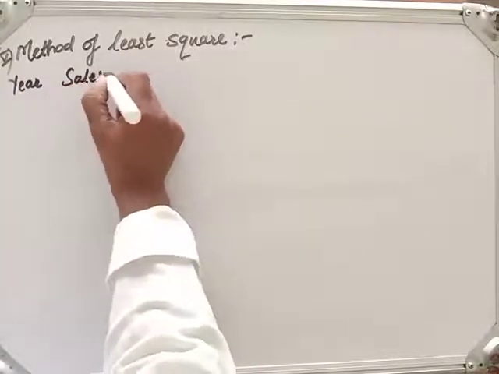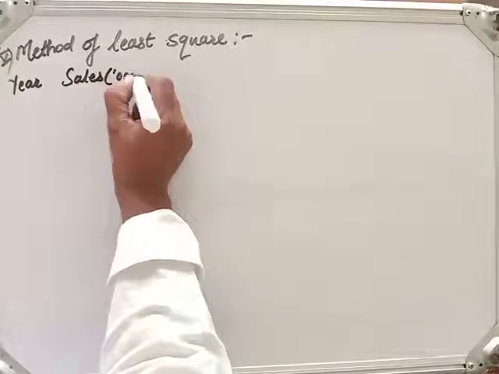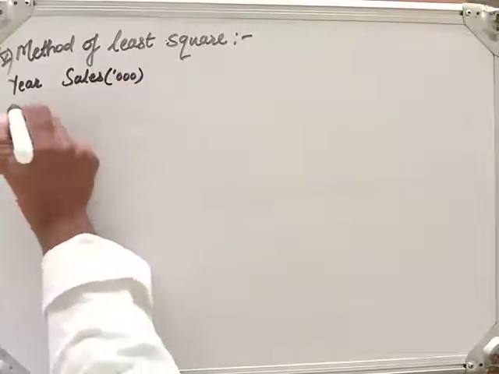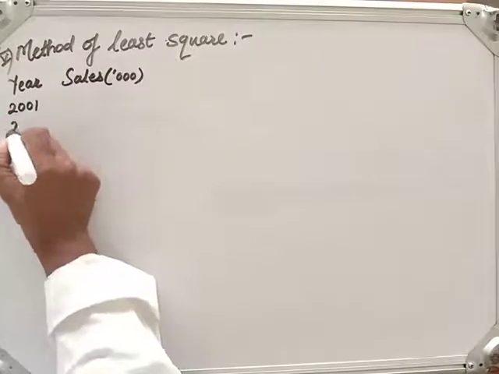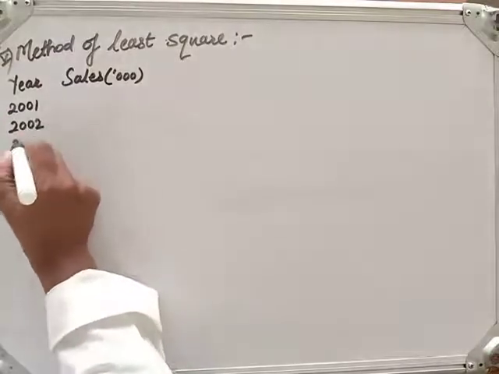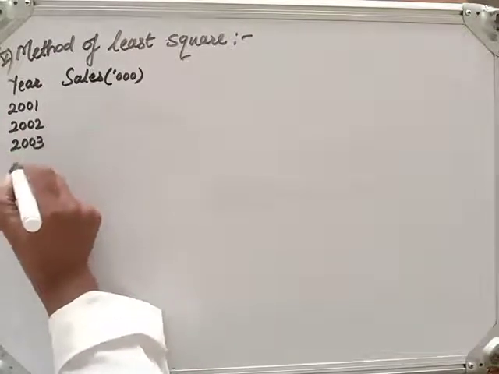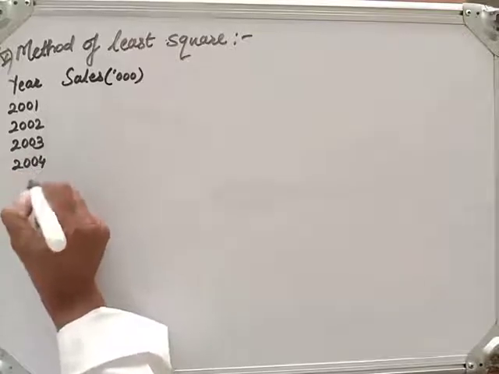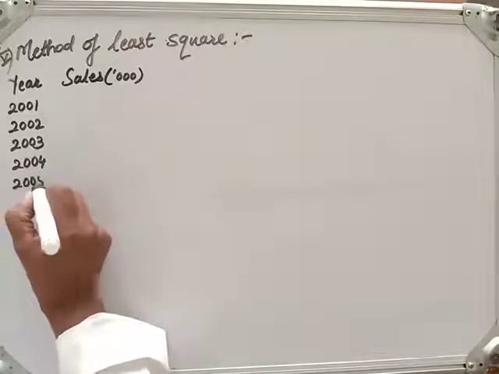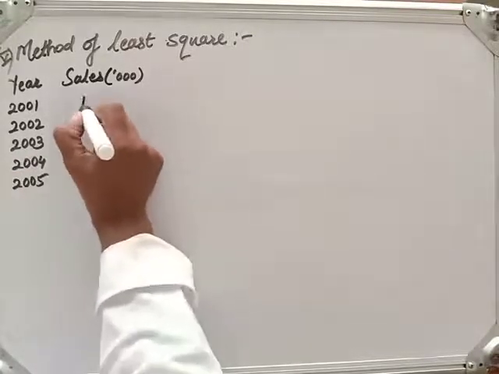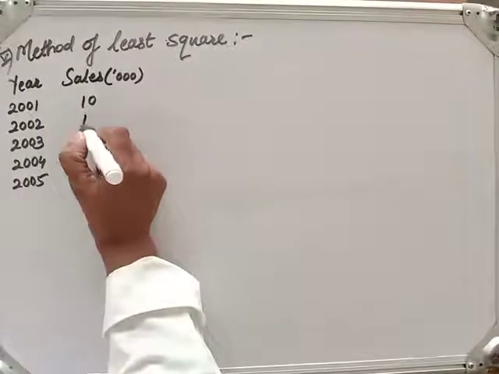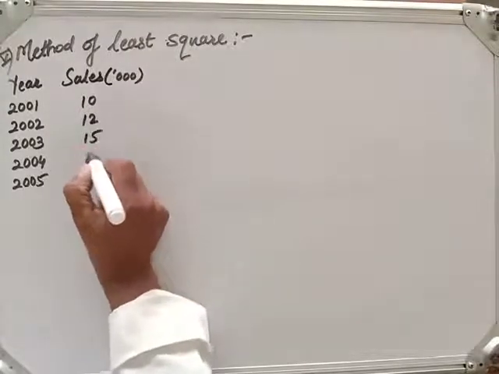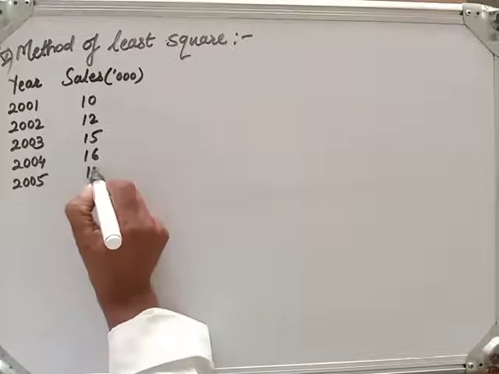Sales are in thousands. Years 2001, 2002, 2003, 2004 and 2005 are given to us. Sales are 10,000, 12,000, 15,000, 16,000 and 18,000.